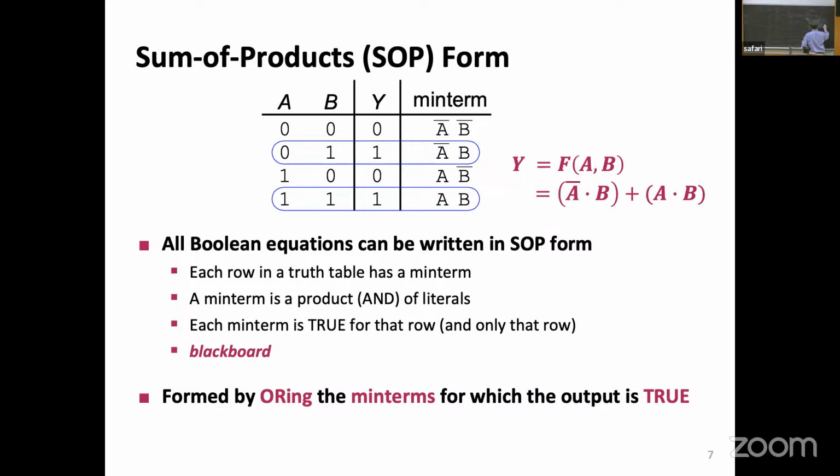Not A, B, C, or this guy. Sorry, it's too far for you. Yeah. A not B, C plus this guy. A, B, not C. And the last one is, that's easy. Let me do that, A, B, C.